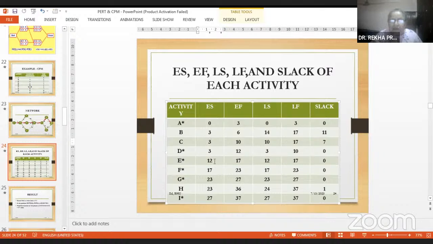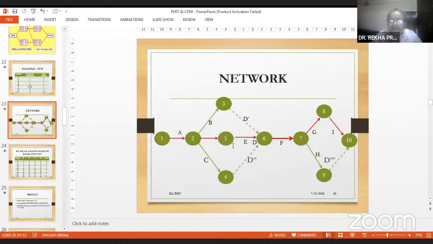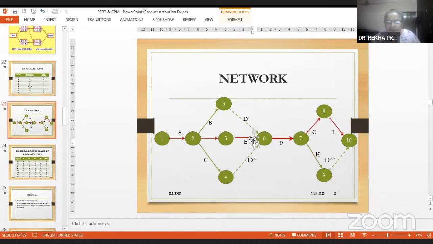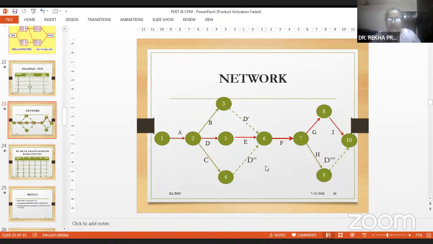Similarly, E will start when D finishes.